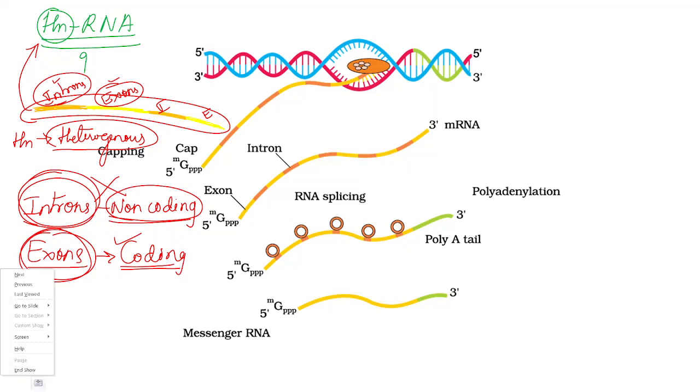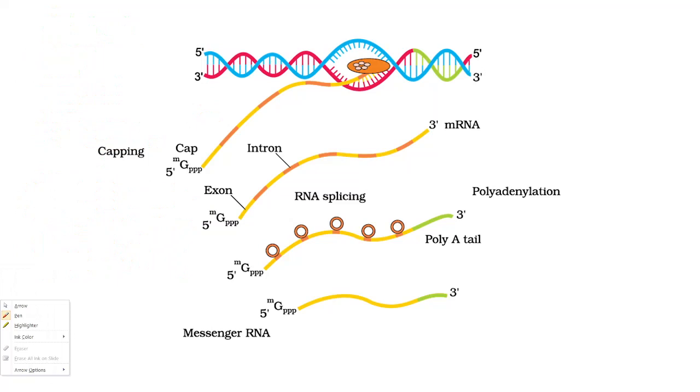For that sake, in case of eukaryotes, three steps will take place. Whatever RNA is produced is called hnRNA because it will be containing introns and exons. The introns are non-coding, that is why introns should be removed.